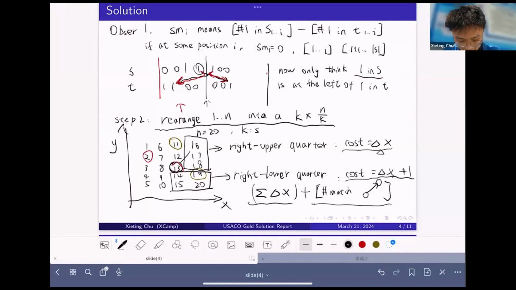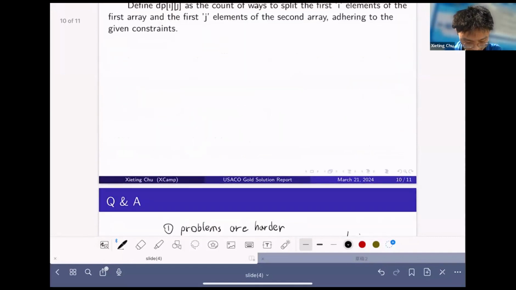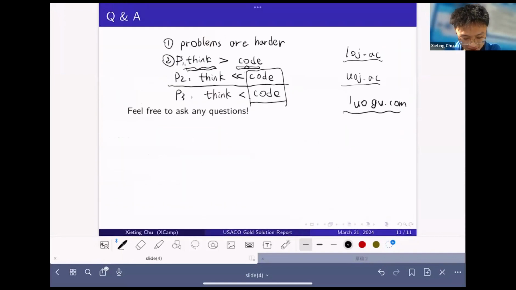My suggestion to you is that while in a contest you face this type of greedy problem, and you do not know how to solve it at first glance, then just throw this problem if you cannot solve it at once.